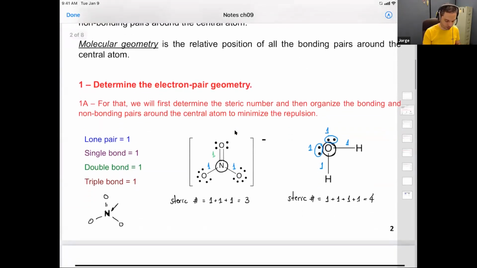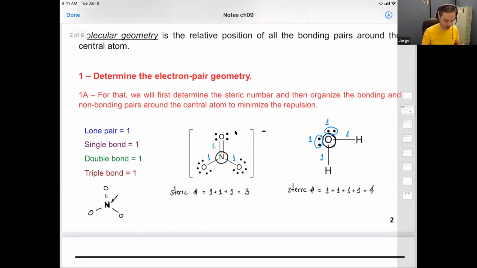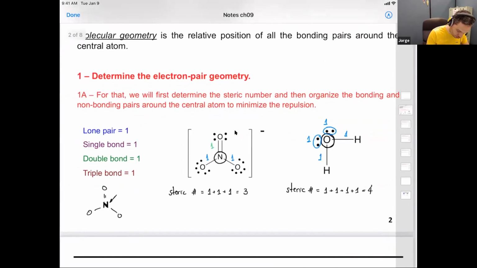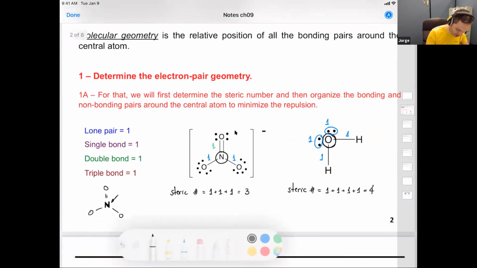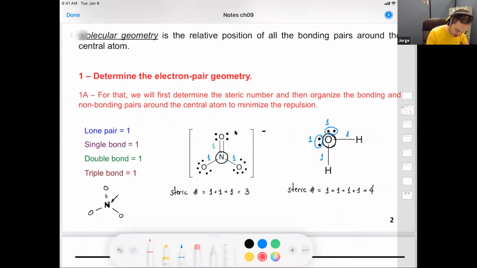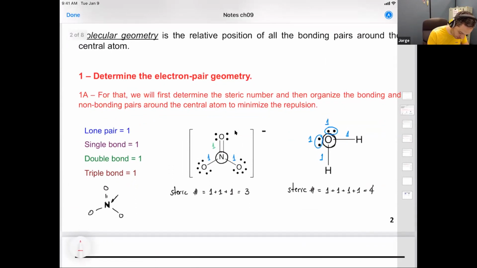Okay, so we determined the steric number for the nitrate equals 3, and then steric number for the water molecule, specifically the central atom, and we got number 4. So with that, now we are able to tell what is the electron pair geometry for each case.